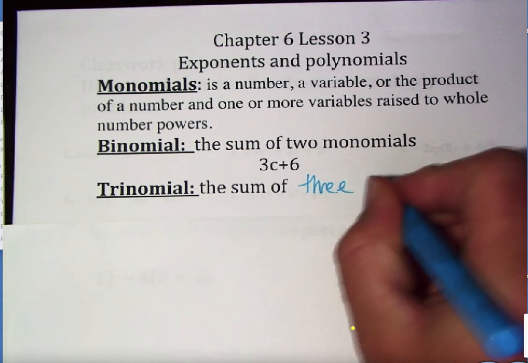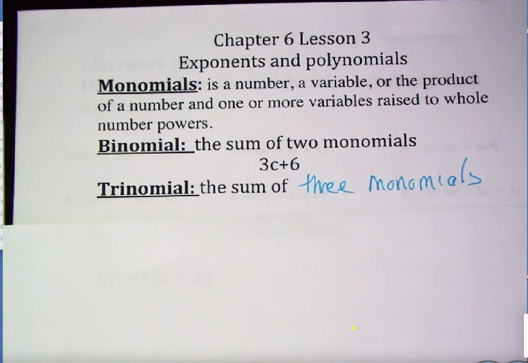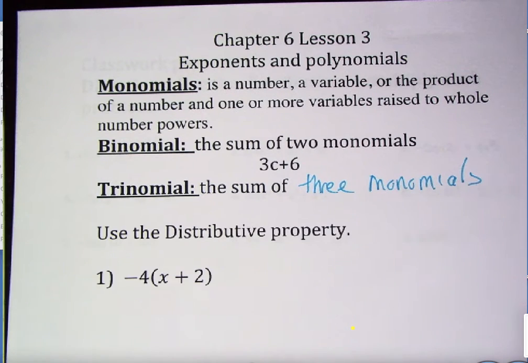Yep, 3 monomials. That's it. And we're going to see binomial and trinomial throughout the rest of the year. So it's important that we hear those words and say it. So repeat after me. Binomial. Perfect. And then trinomial. Boom. Awesome. Okay.